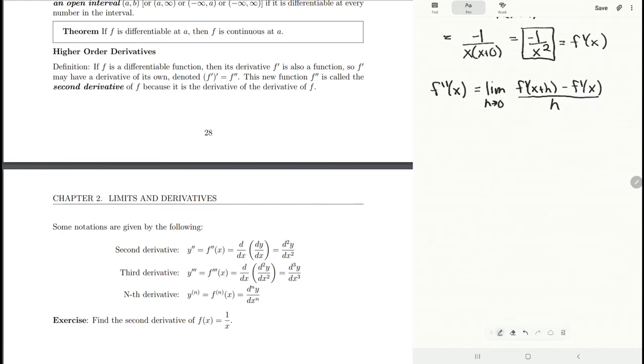And so what we need is to calculate f prime of (x plus h). So we know that f prime of x is negative 1 over x squared. So f prime of (x plus h) is negative 1 over (x plus h) squared.